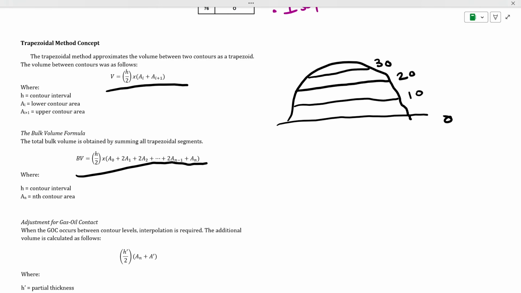But in the final interval, let's say we add another one here.